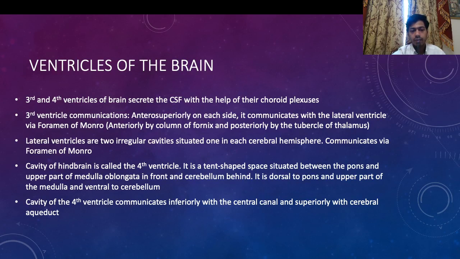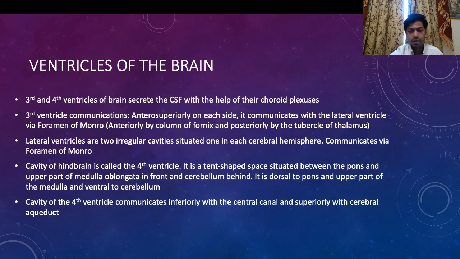And we have a fourth ventricle, which is in the hindbrain, which is the most inferior of the embryological structures of the brain. It is a tent-shaped space which is situated between the pons and the upper part of the medulla oblongata in front, and the cerebellum is behind.